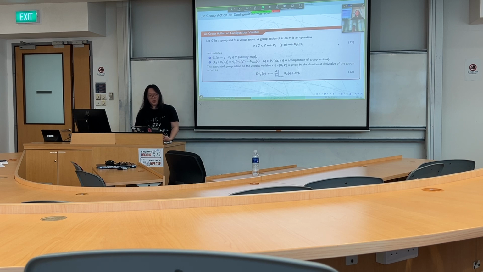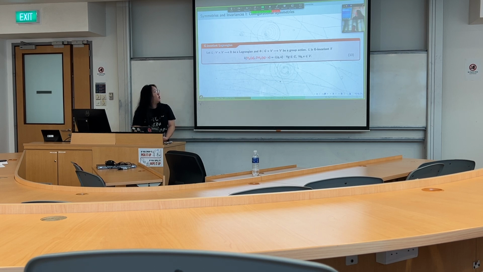So I'll just briefly mention that a Lie group action on some variable basically just means that if I take an element from a group and I take some variable from the vector space or the configuration space, it should give me something else in the configuration space. So similarly at the bottom, this is how we compute the associated group action on the velocity variable.